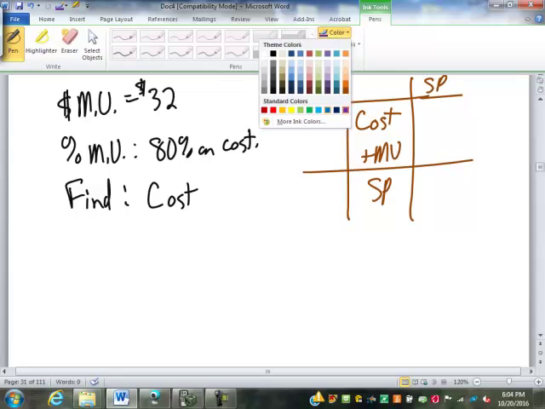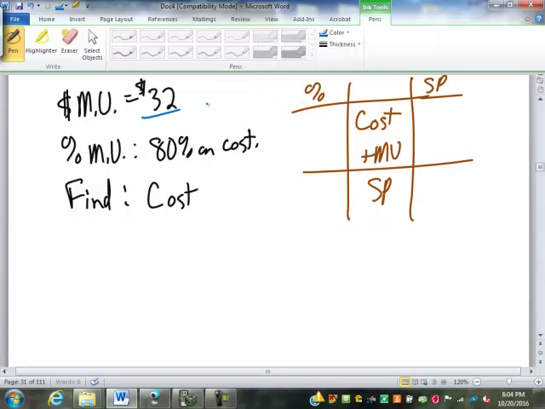So what do I know? Well, I know the $32 is the dollar side of markup. What else do I know? 80% goes for markup percent. What else do I know? 100% goes on cost.